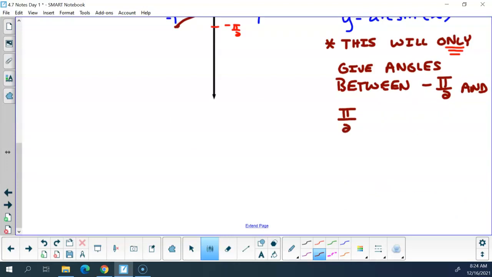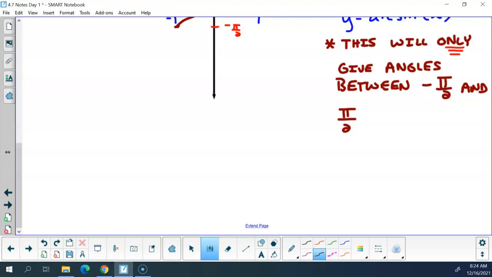So when you use the inverse sine, or when you use arc sine, your answer, the angle that you get out, has to be between negative pi over 2 and positive pi over 2. If it's outside of those values, you'll be wrong.